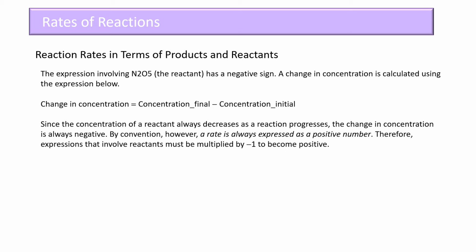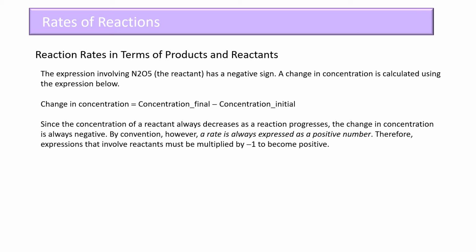The expression involving N2O5, the reactant, has a negative sign. The change in concentration is calculated using the expression below. Change in concentration is the final concentration minus the initial concentration.